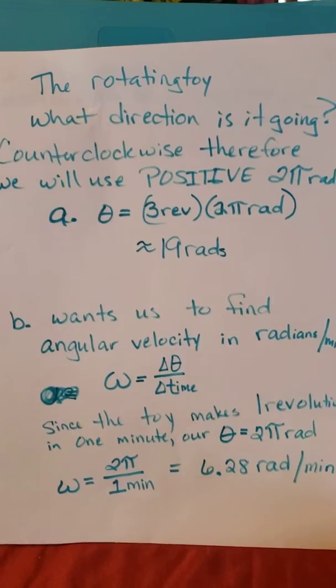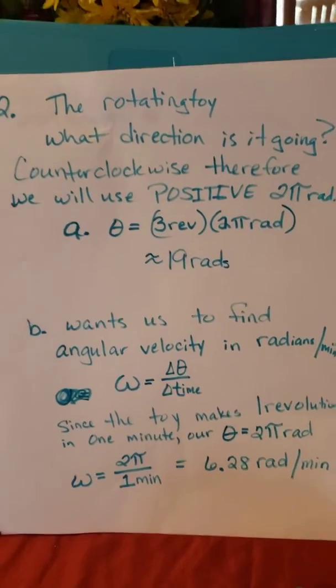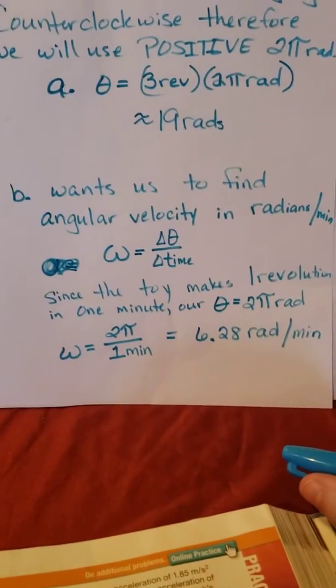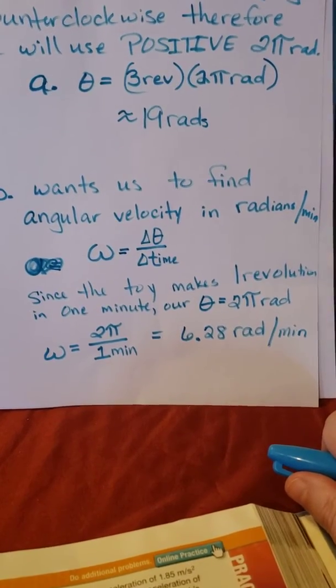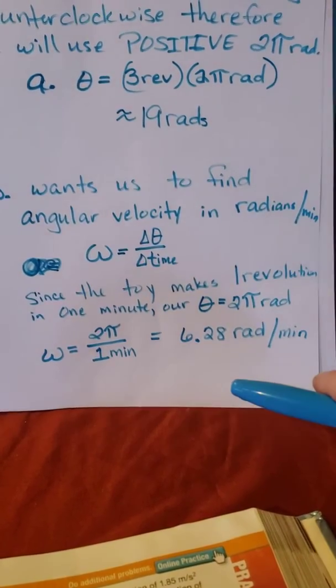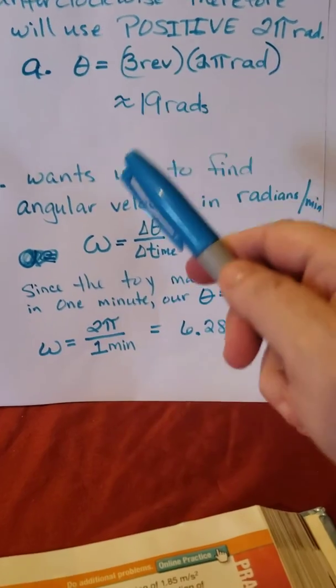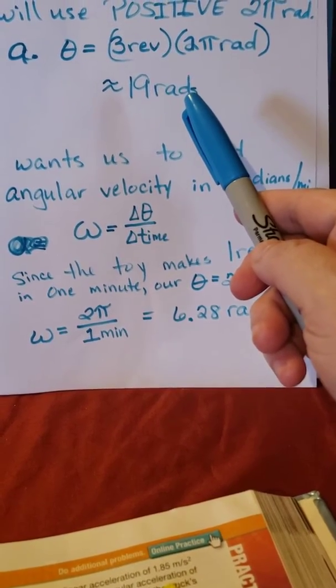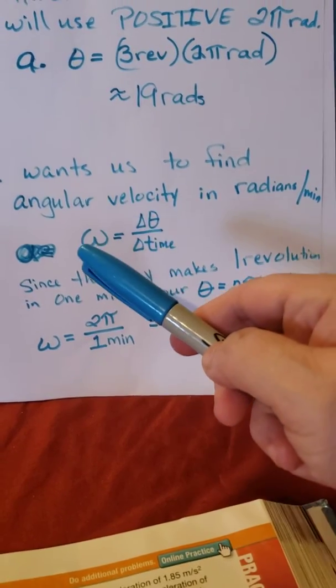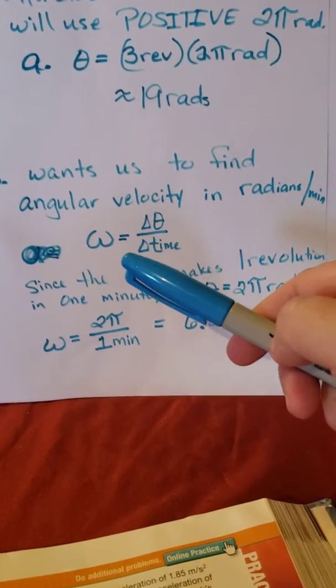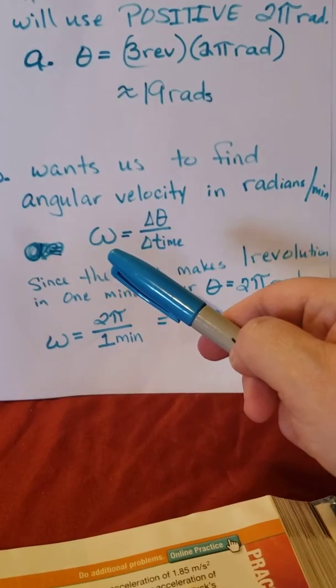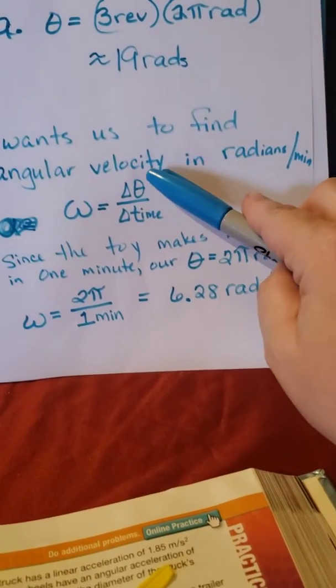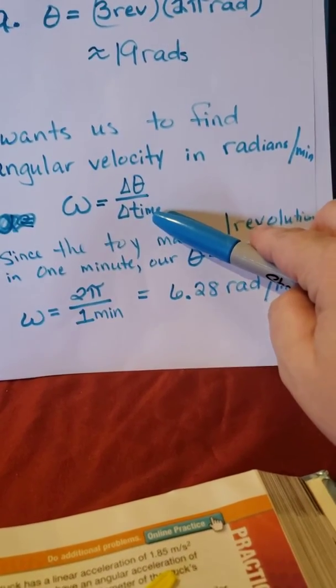All right, let's move on to part B. So in part B, they want us to find the angular velocity in radians per minute. Well, good thing we did part A, and we have 19 radians. So our angular velocity formula is angular velocity equals theta over time.